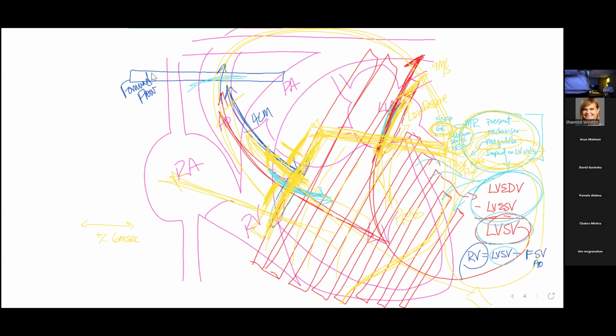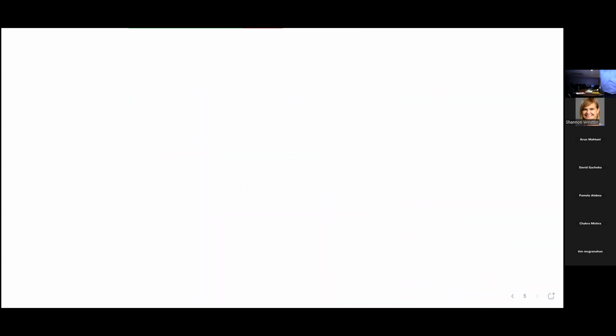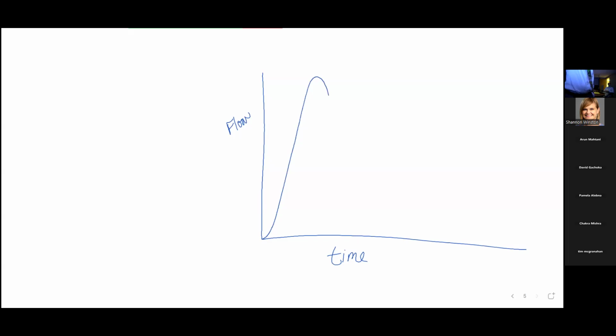And generally not. That flow, if you look at, can we get a new screen? Sure. If we get flow in the aorta, okay, so I'm going to draw you time. I've spent a lot of my life doing this kind of thing. A little bit nutty. But anyway, here's the flow. So this is normal flow, okay?